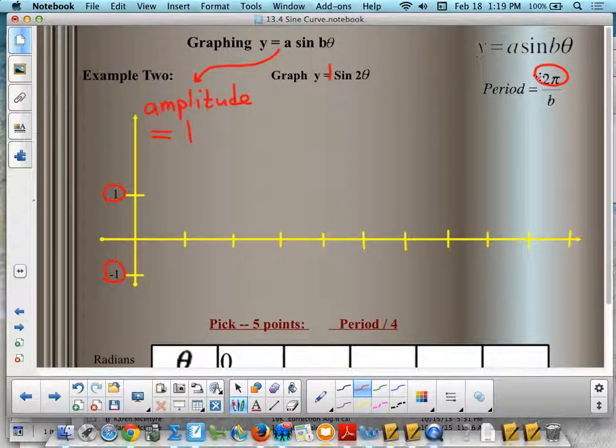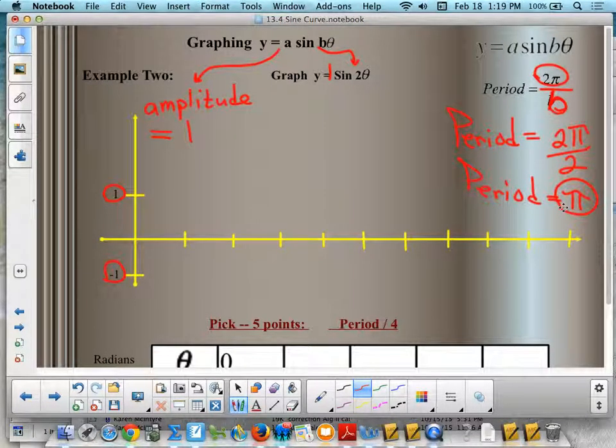But when the B value changes to something other than 1, you take the old period and divide by the B. What's the B value back here? 2. So period equals, normally it's 2 pi, and now you divide by B. Now it's pi.